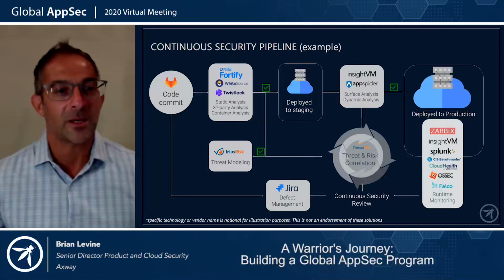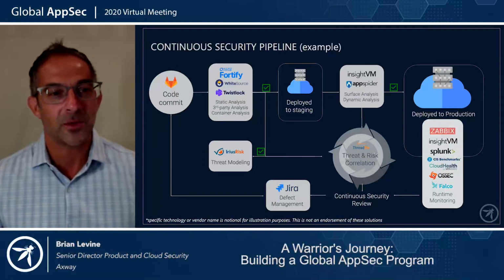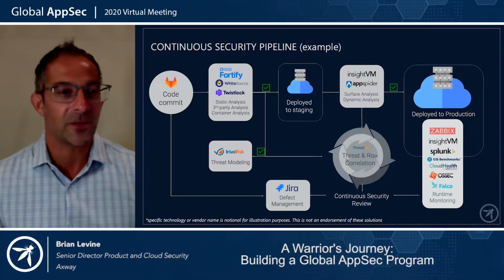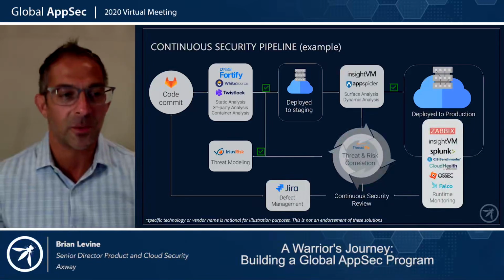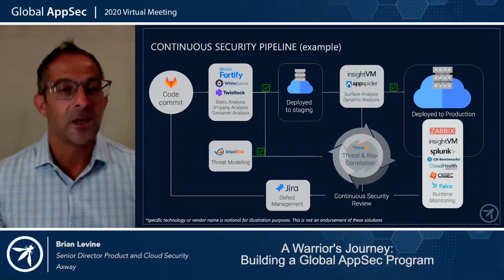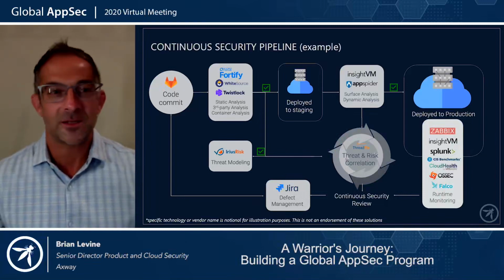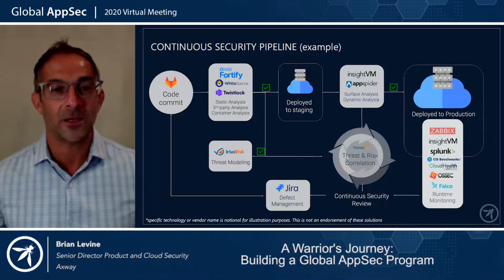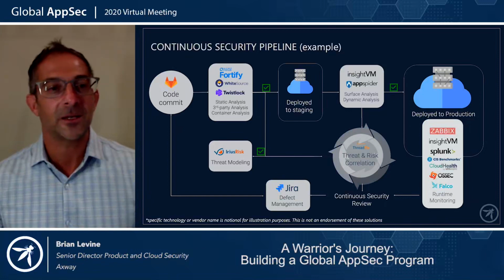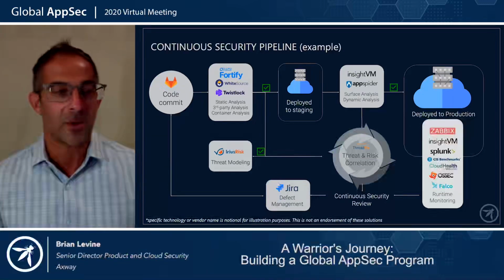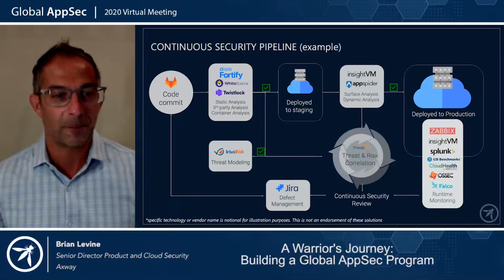And for out-of-band tests that don't happen during the pipeline, we check via APIs to see the latest result from those tools. For example, in threat modeling, you can check and see, has this product or feature had a threat model, and if so, are there any open or outstanding issues that were raised from that threat model that haven't been addressed yet?